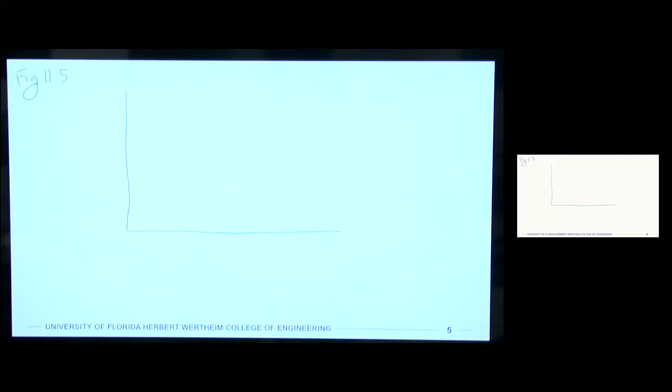So if we call this our change in strain on the y-axis here, and cycles to failure, and we really only go from, let's say, 1 up to 10 to the third, right? So we are in this low cycle regime, and we're trying to get these things to fail.